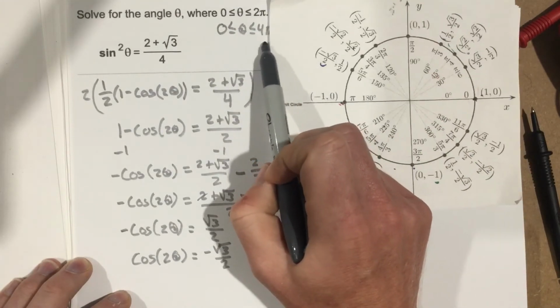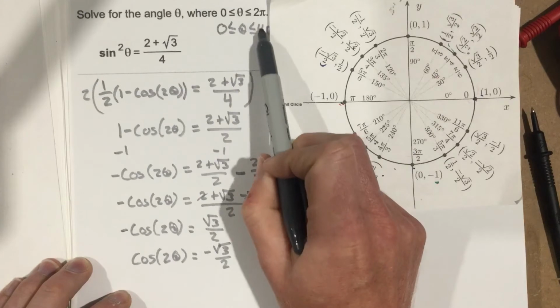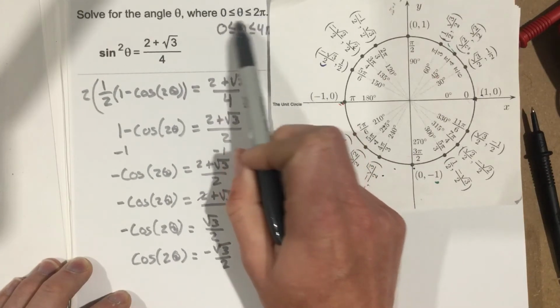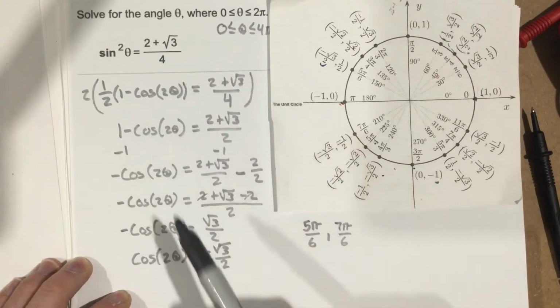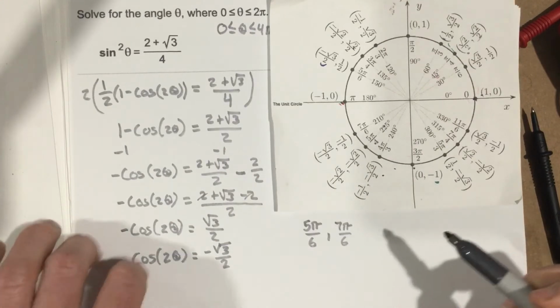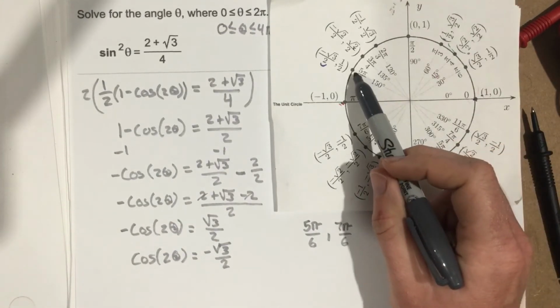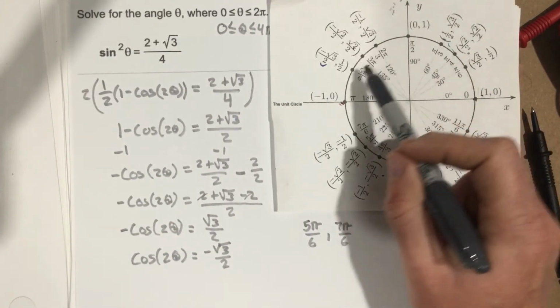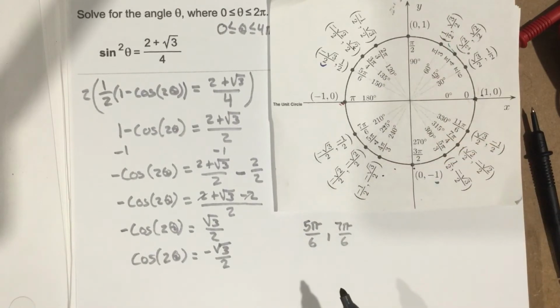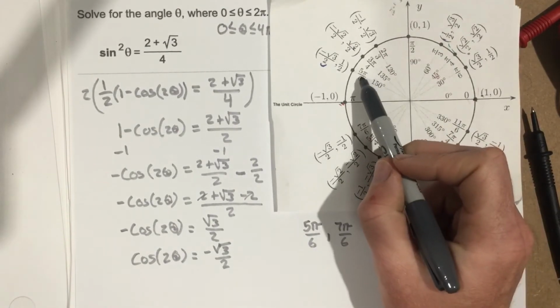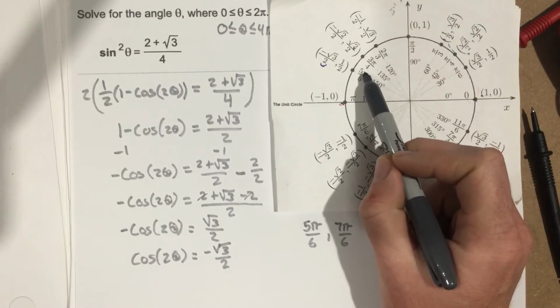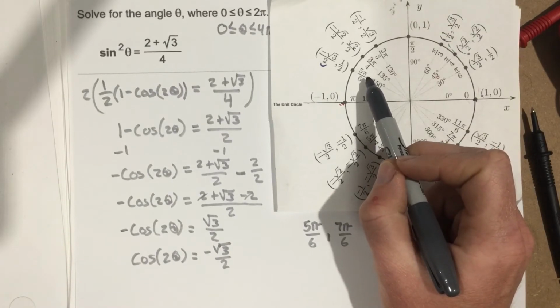But remember, I said because we used the double angle formula, it doubled where our solutions could occur. So now it's between 0 and 4 pi. So we have to go around the circle again. So 5 pi over 6, if I go around one more time, 2 pi more, and if I'm using a denominator of 6, 2 pi is 12 pi over 6. So 5 pi over 6 plus 12 pi over 6 is 17 pi over 6.